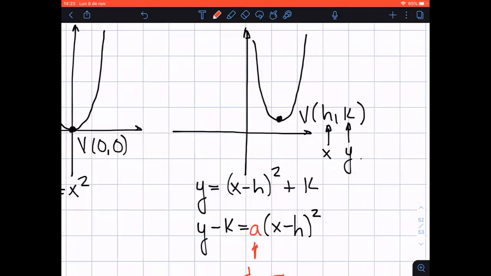You could scale it making it either taller or making your parabola wider, okay? But that's the effect of that coefficient, okay?